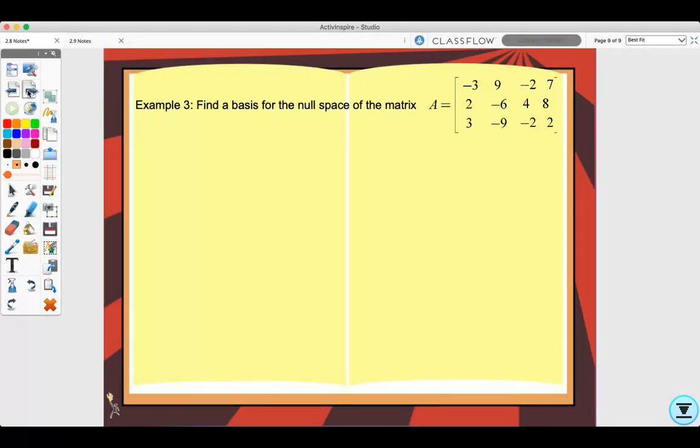And let's look at example 3. It says 3 here, but this should really be example 4. Find the basis for the column space of matrix A. So let's look back at the previous example. Obtain the reduced echelon form. So when I did that with A, negative 3, 2, 3, 9, negative 6, negative 9, 2, 4, negative 2, negative 7, because that should be a negative 7, even though there isn't one here, 8, 2.